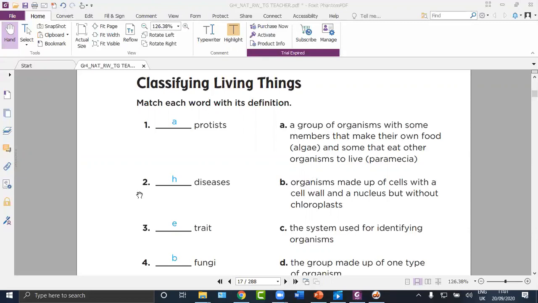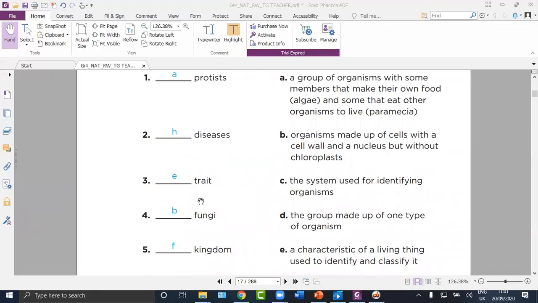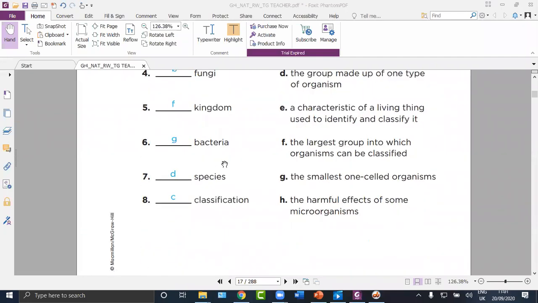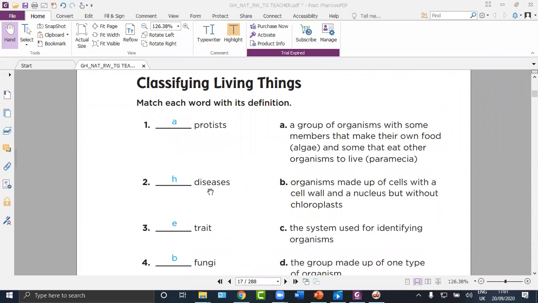Number 2. Iyad Abdul Malik. Organism made up of cells with a cell wall and a nucleus, but without. Number two, dishes.